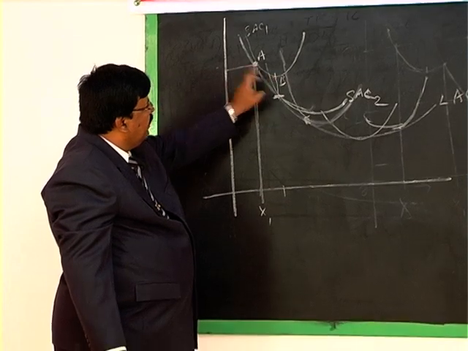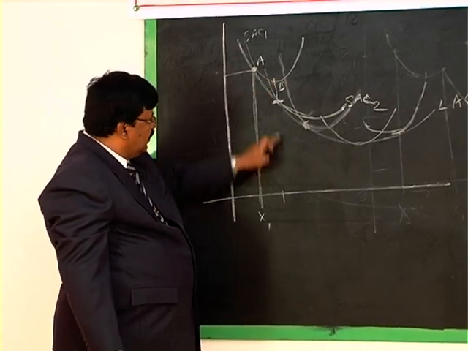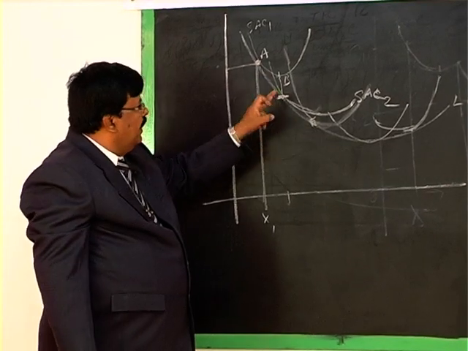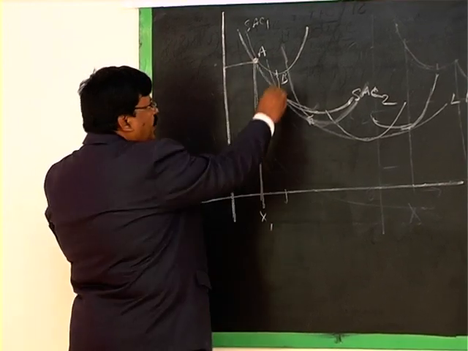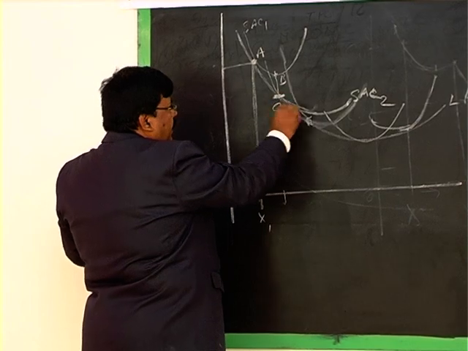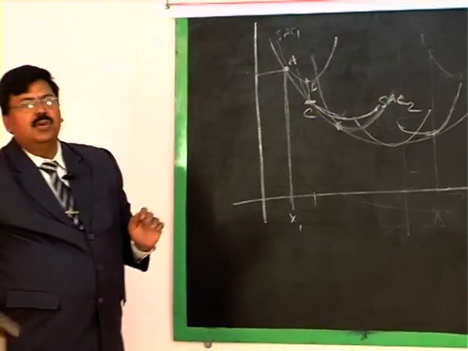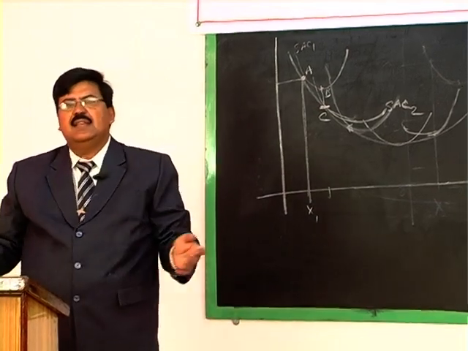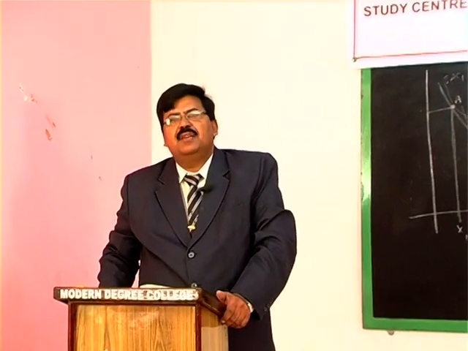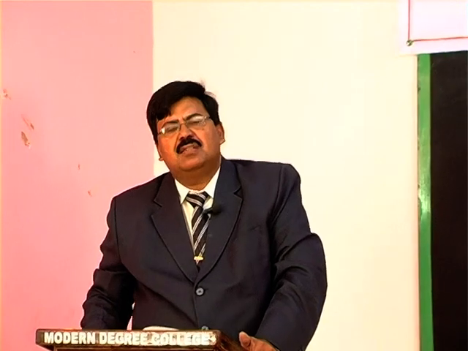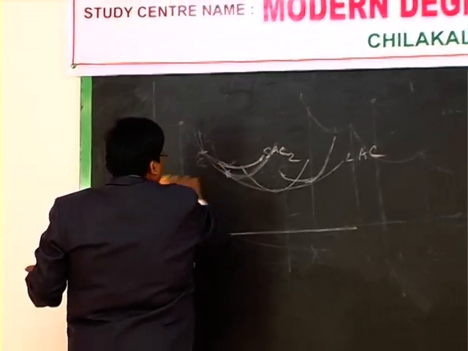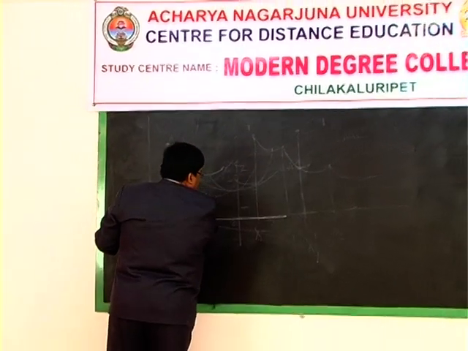Unit cost can be reduced by expanding towards B. And with a newer plant, the unit cost can still reduce from B to C. So it envelopes all the short-term situations. LAC is called a planning curve or envelope curve, and by reference to LAC, a person has to select the particular required size of plant.